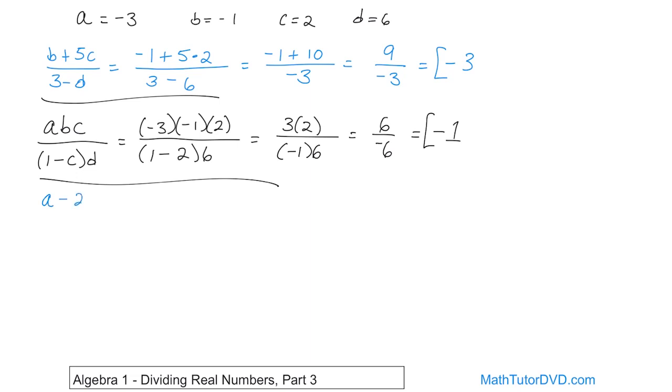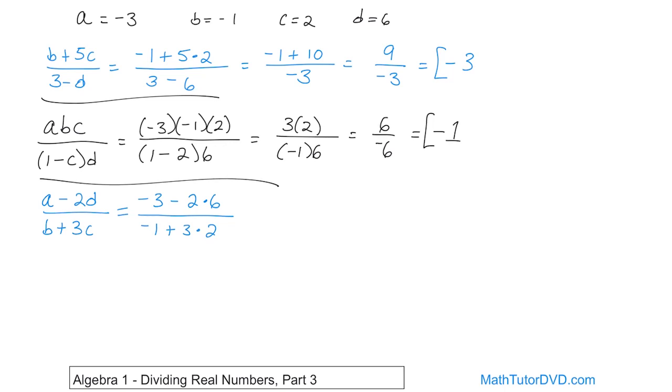A minus 2 times d over b plus 3 times c. A is negative 3 minus 2. D is 6, so I'll just multiply by 6. On the bottom, b is negative 1 plus 3 times c. c is 2.